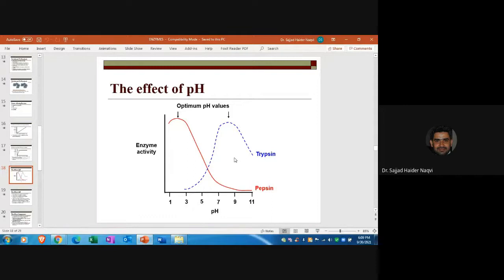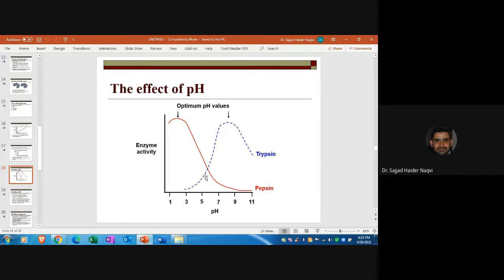So in case of pepsin, its maximum activity is shown at pH between 1 to 2. And as you increase the pH, what's going on? The enzyme activity is decreasing, ultimately reaching the point where there is no enzyme activity. So that means pepsin is not going to work under alkaline conditions. In contrast, trypsin has the minimum activity at pH 3, which is acidic.